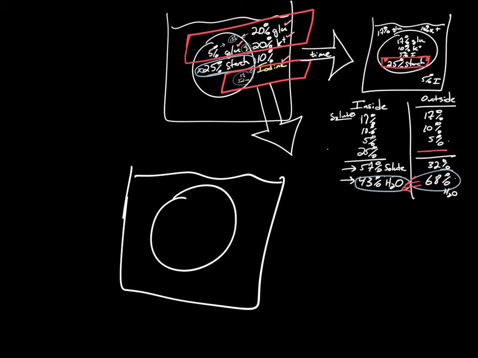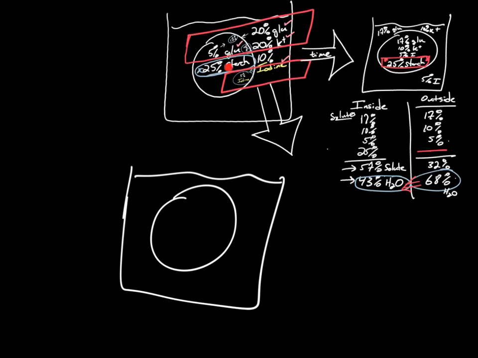What you need to realize is that if the solute can cross the membrane, when we're talking about osmosis, there's no osmosis. But if you have a solute that can't cross the membrane, that's going to cause osmosis to occur.